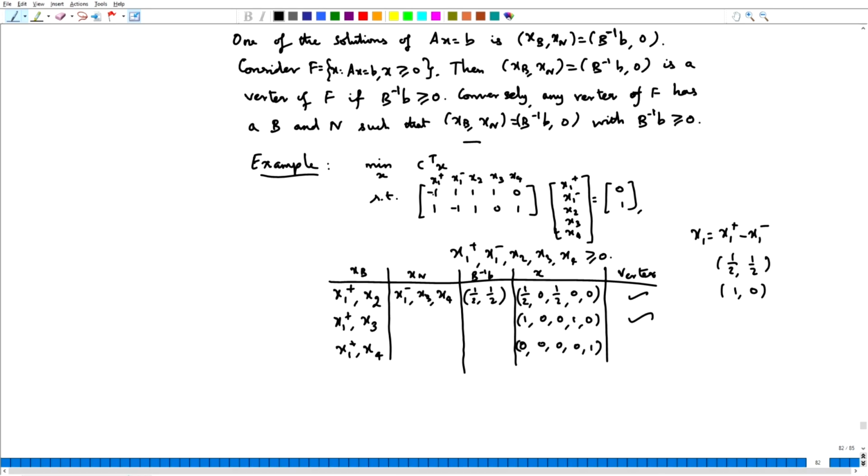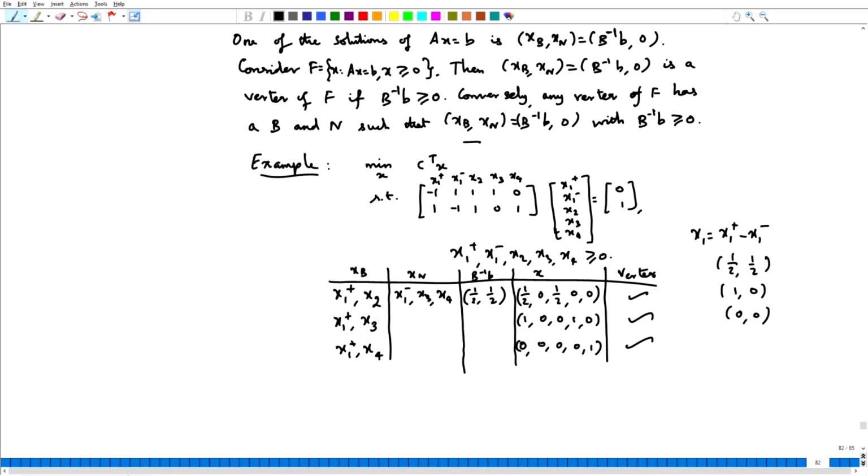That is because now you have minus 1 into 0 plus 0 is 0, and this is 0 plus 1 is 1. So this is also a vertex, we have got 0 comma 0. So just by considering x1 plus x2, x1 plus x3 and x1 plus x4, we have got the 3 vertices that we wanted. Though you should actually ask what happens to the others, right.